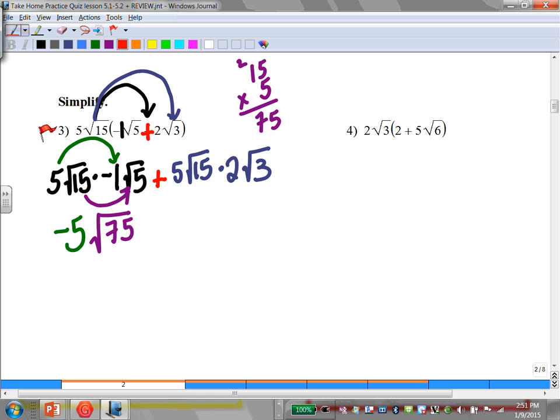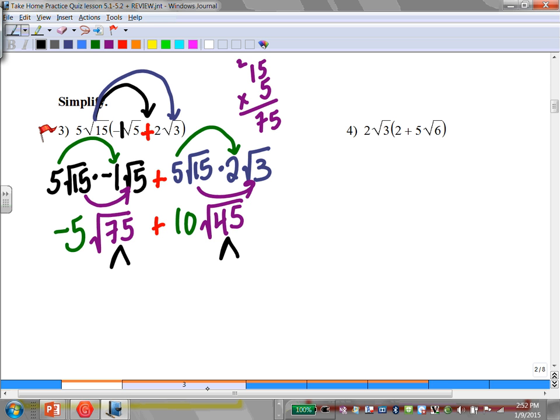All right, bring down the plus sign. You do outies and innies again. Outies, multiply. Innies. From here, you factor both of these. You factor and you simplify.